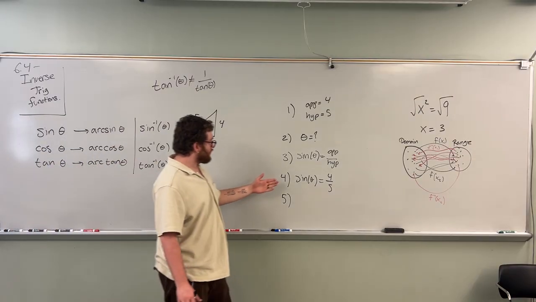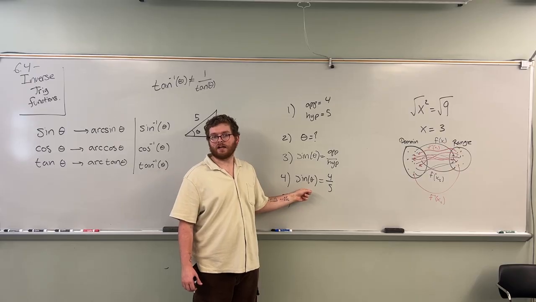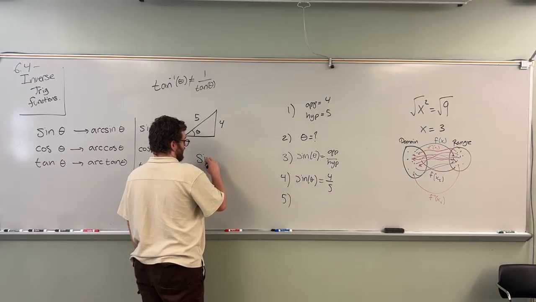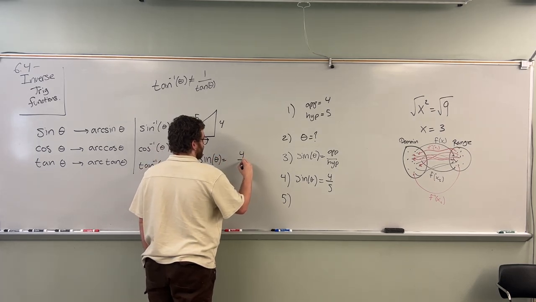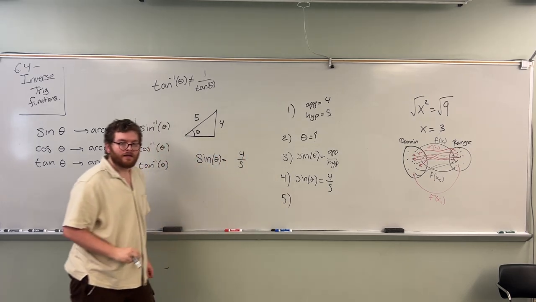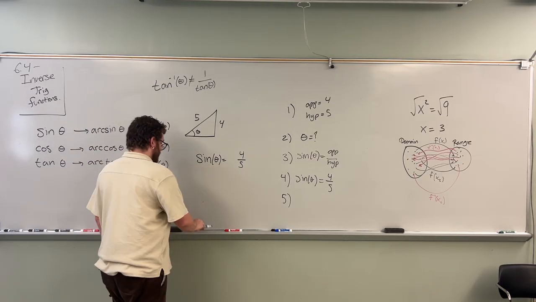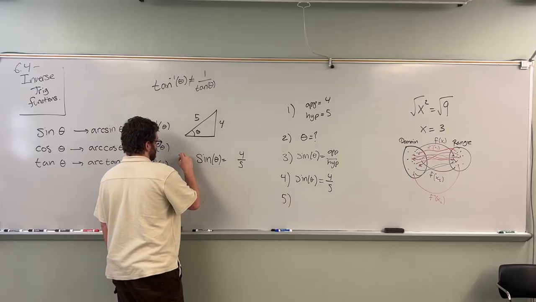The inverse is what I apply to both sides to get rid of this sine. So right here, I have that sine theta equals 4 over 5. And to get rid of this, so I have just theta, I apply inverse sine on both sides.